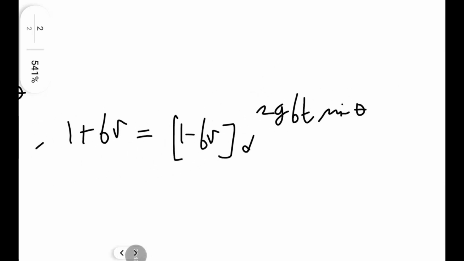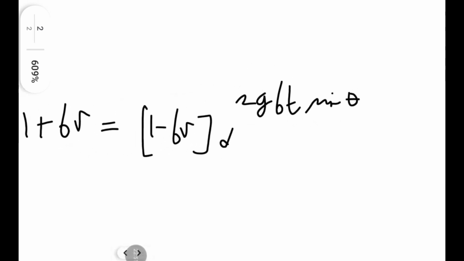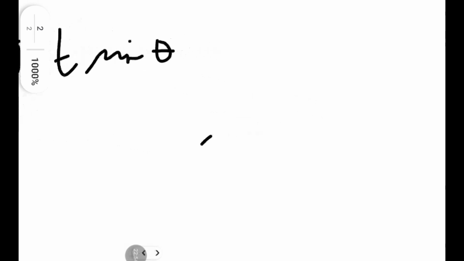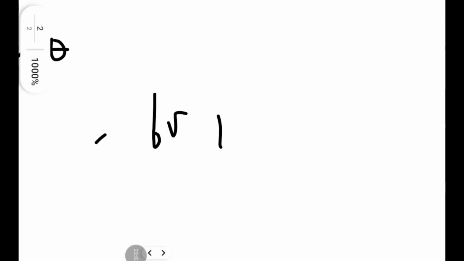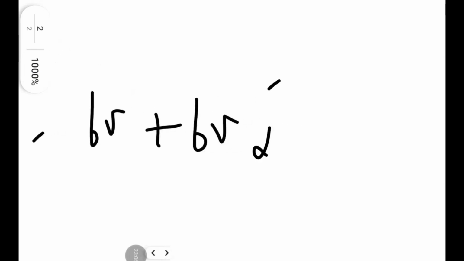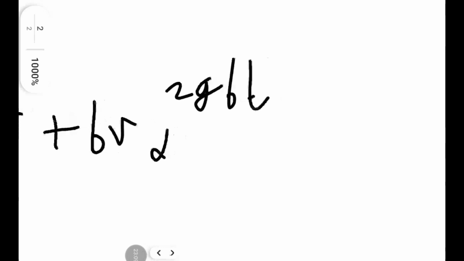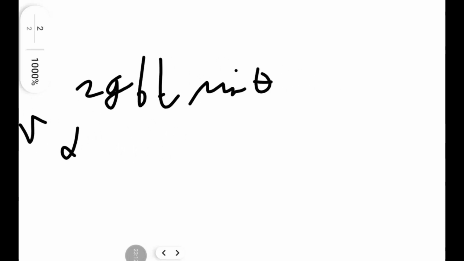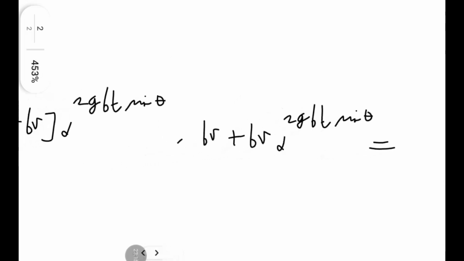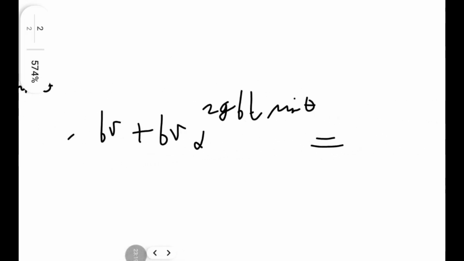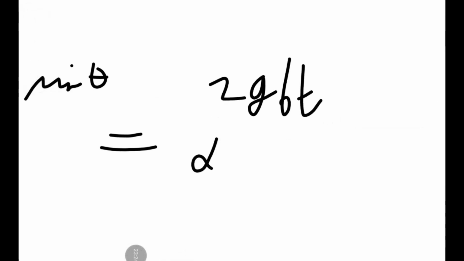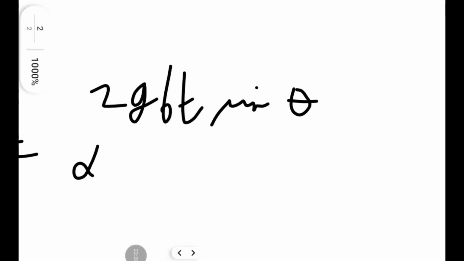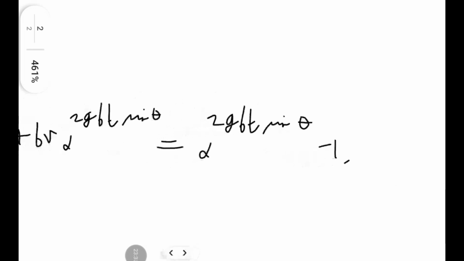And now with that, we can very simply rearrange it into this format: bv plus bv e to the power of 2g bt sine of theta is equal to e to the power of 2g bt sine of theta minus 1, like that.